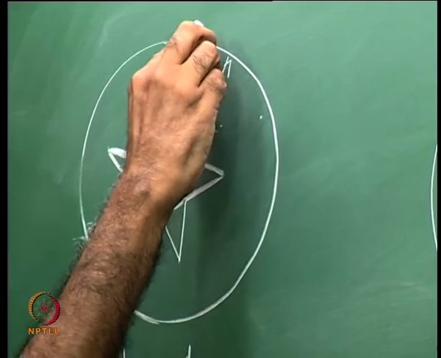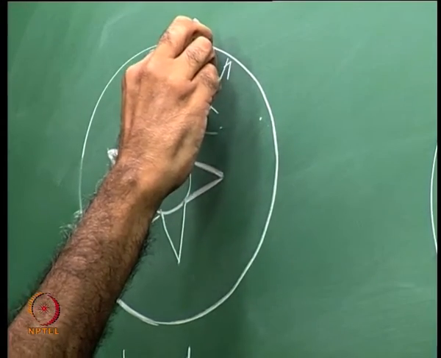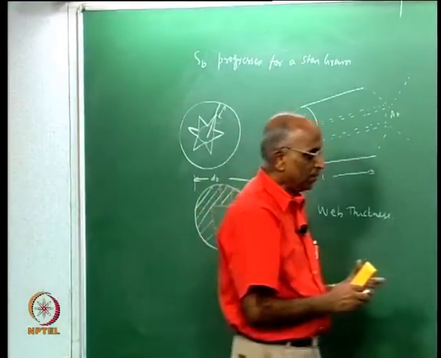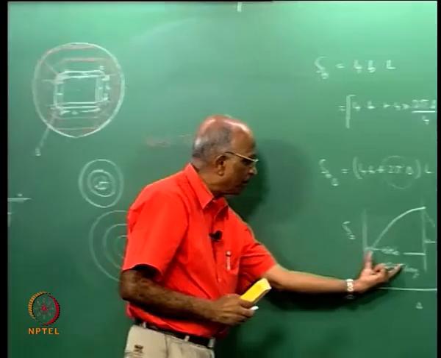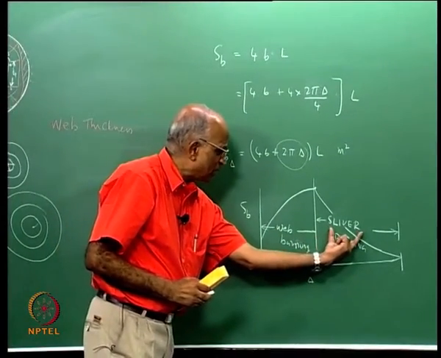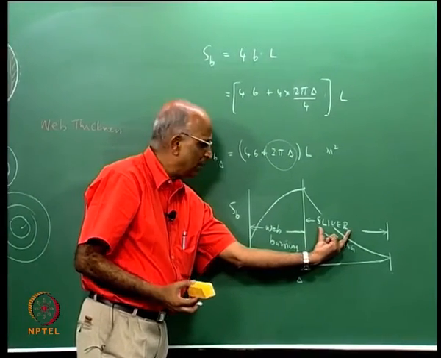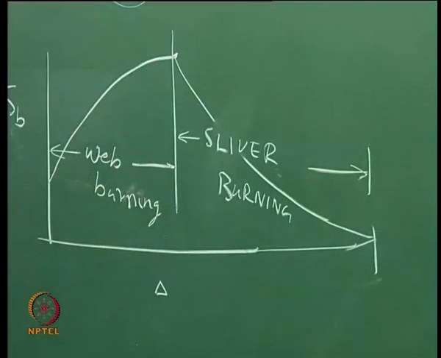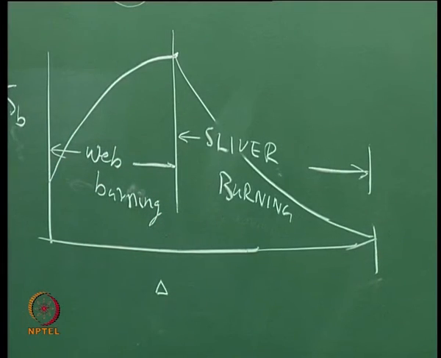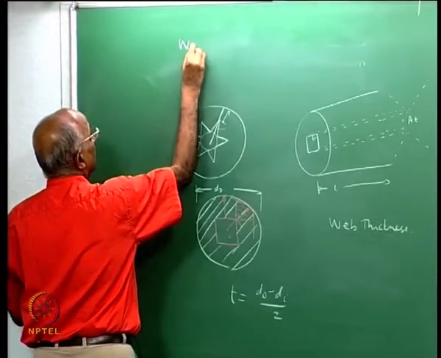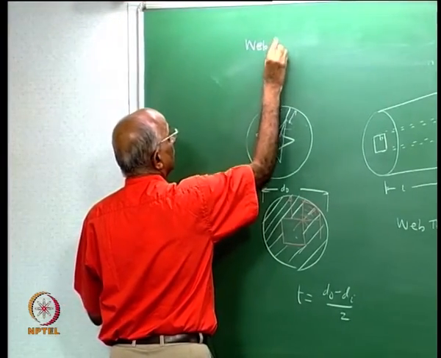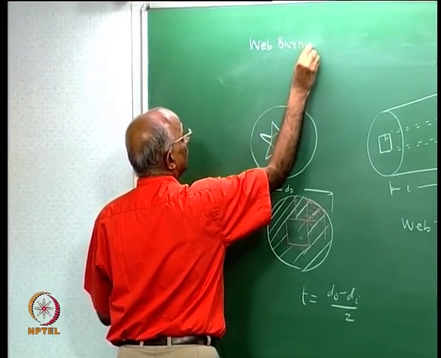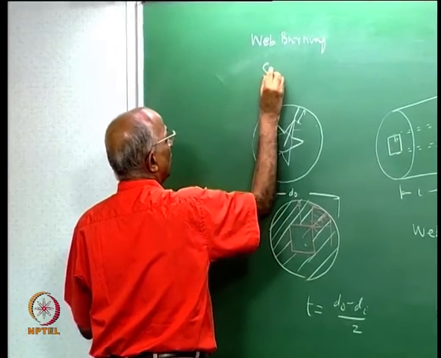Therefore I am interested in making sure that the web burning distance, that means this particular portion, is quite significant, and my sliver, the leftover burning, is quite small. This is how a grain design is done. Therefore inadvertently we introduce some words like web burning, and leftover known as sliver.